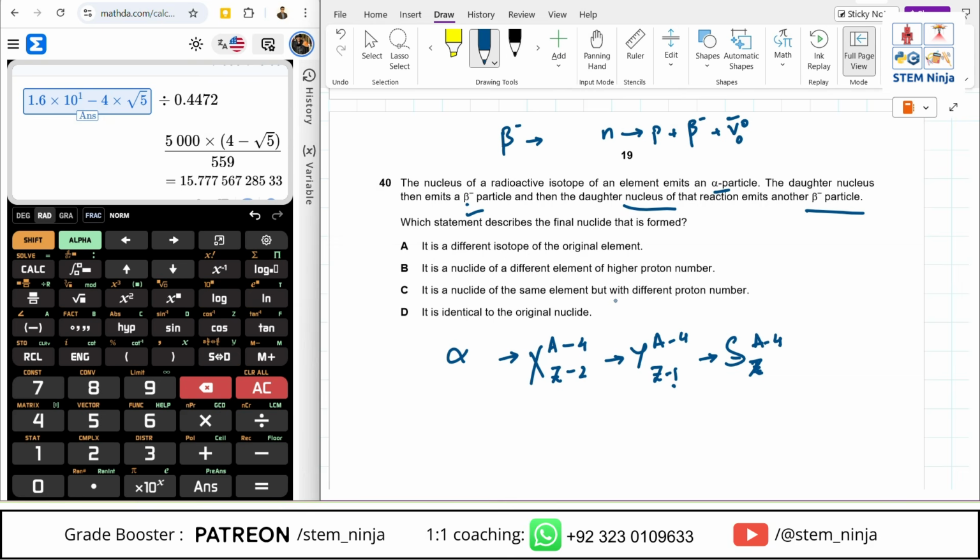If the proton number is the same, it will be an isotope of the original element, because isotopes are recognized by the same proton number. So it's a different isotope of the original element, and that A would be the answer.